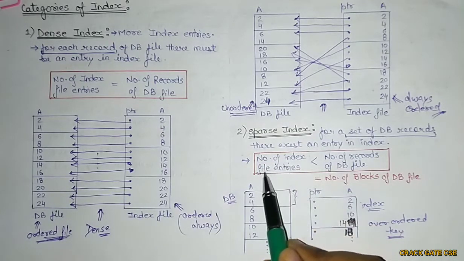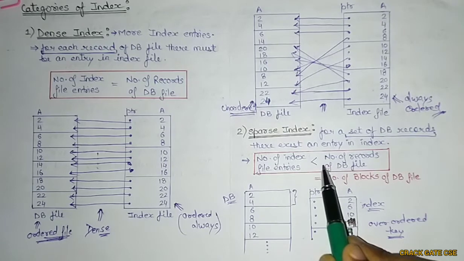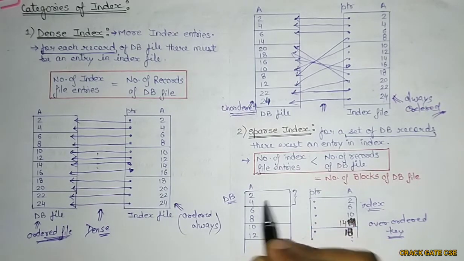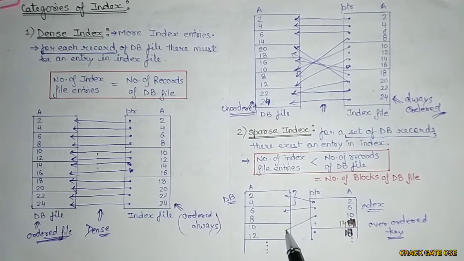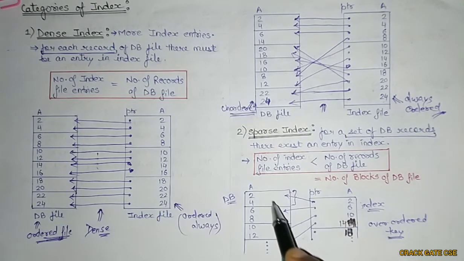So the number of index file entries will be less than the number of records of the database file, because for each specific block we are having one pointer. For 6 there is one pointer, for the next block there is one pointer, similarly for the other block. Here you can see that the number of keys is 6, but for these 6 values we are having just 3 pointers.